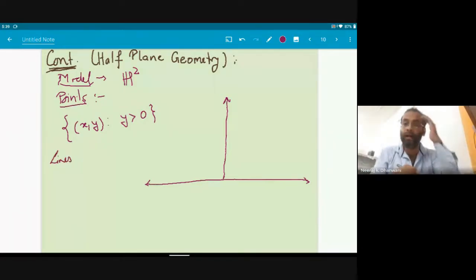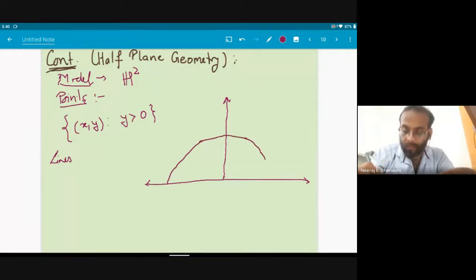Line. What are the lines there? If you think of any two points, how are you going to join them? That's the question. And a very intuitive idea was to join them via circles. Not a random circle, but those circles whose center lies on the x-axis.